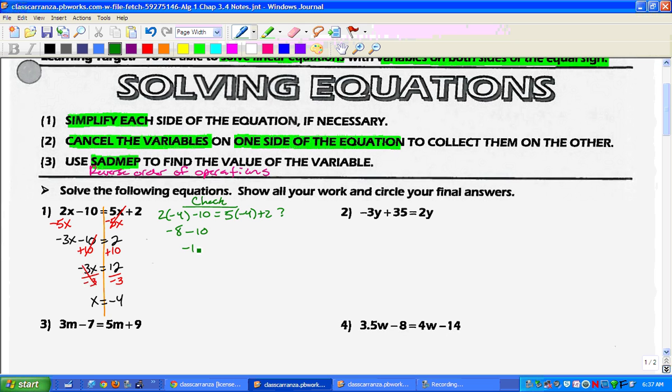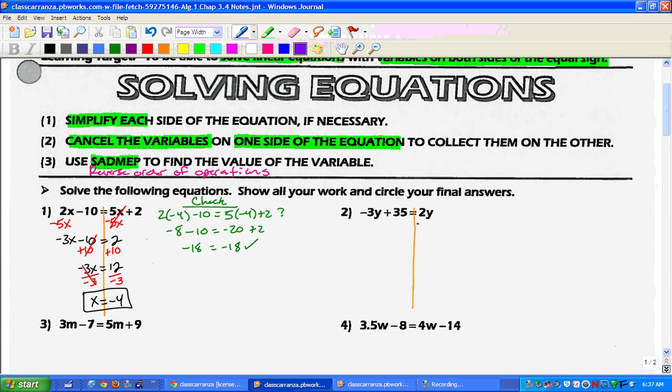Negative 8 minus 10 gives you negative 18. 5 times negative 4 is negative 20. And that just proves that we have the right answer. And you can do that for every problem. We're not going to, but you can.